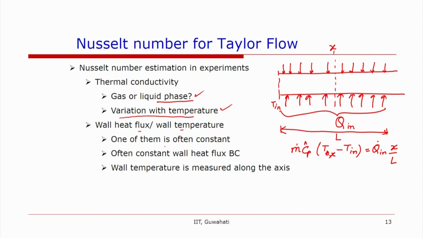Often the experiments are done with the constant wall heat flux boundary condition, and the wall temperature is measured along the axis, and this is the way by which we can calculate Tb x. One will know the heat being inputted to the system, the location where one wants to measure the temperature, and the flow rate and the properties of the two fluids. So, one can calculate the bulk temperature at a location.